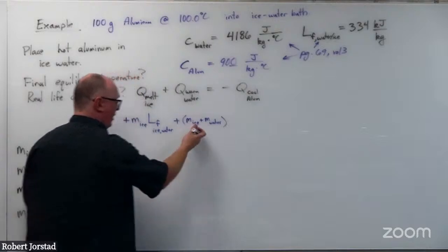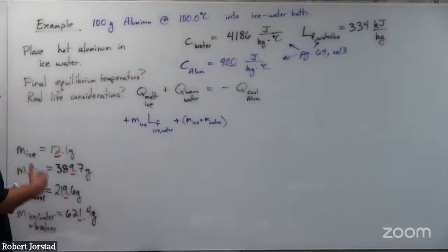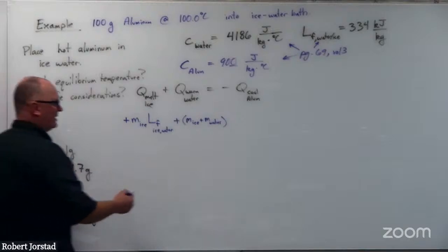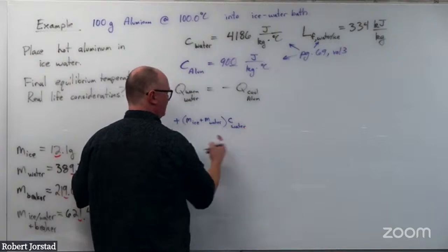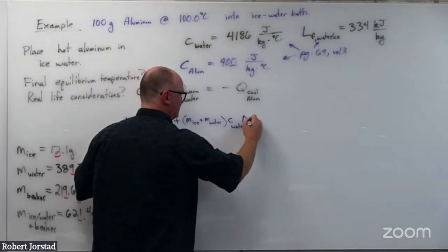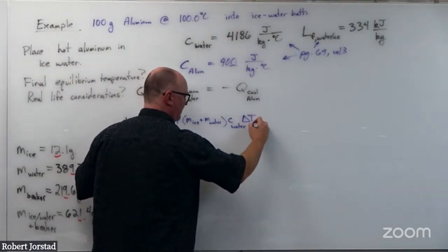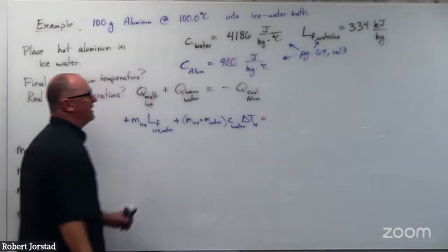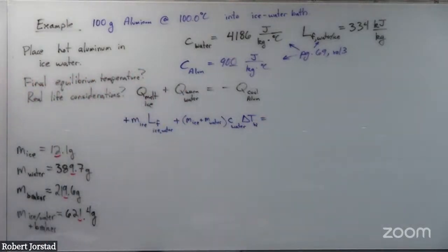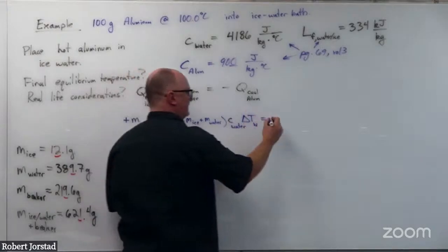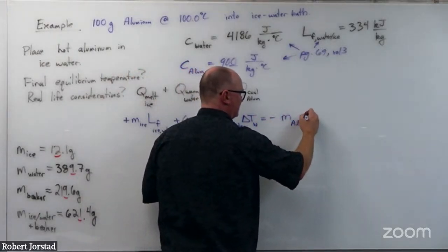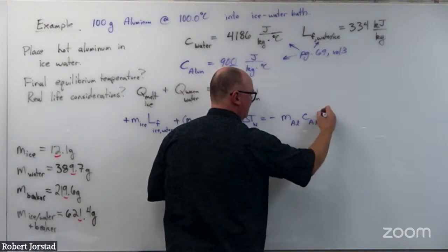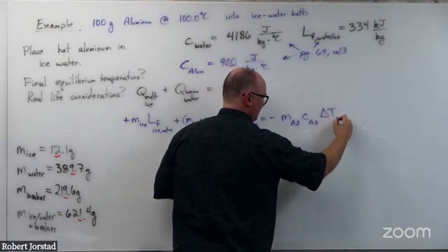Because remember, all this ice is going to melt and turn into water. So that's going to be a small correction times C of water times delta T of water. And then to cool the aluminum, there's this minus sign. Mass of the aluminum, C of the aluminum, delta T of the aluminum.